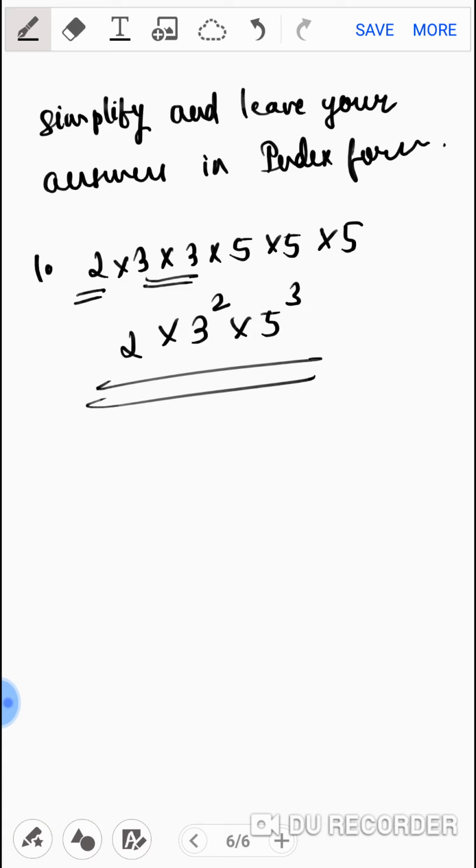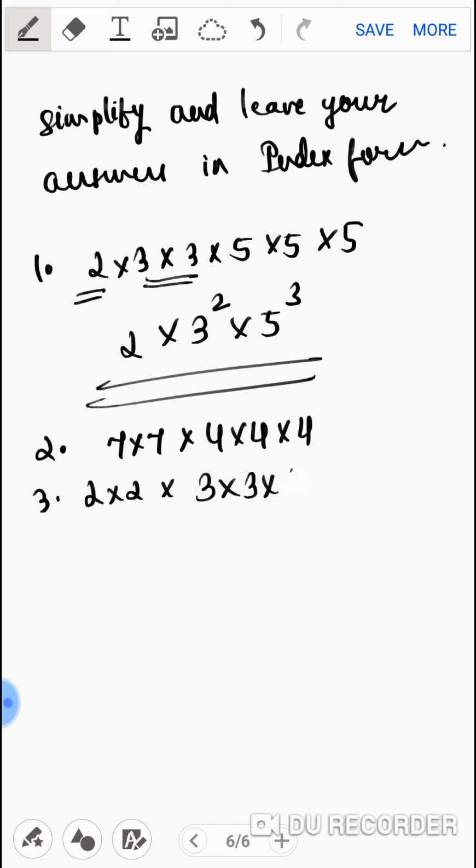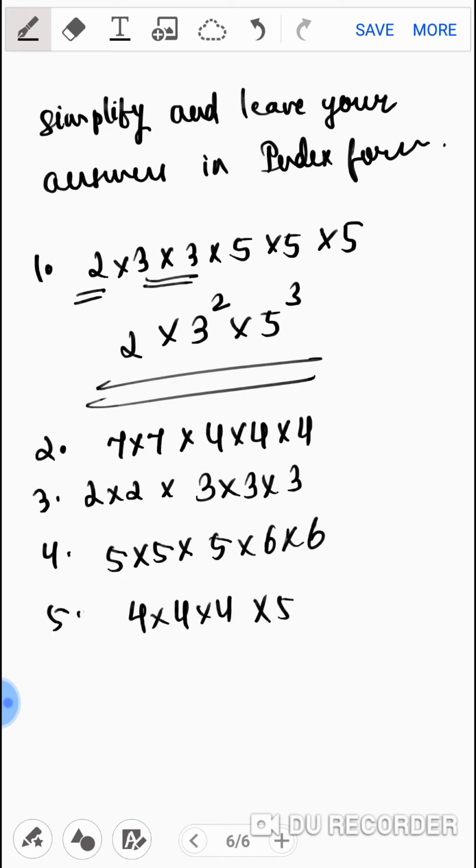This is the answer. Similarly, you have to solve the second, third, fourth, and fifth. Clear?